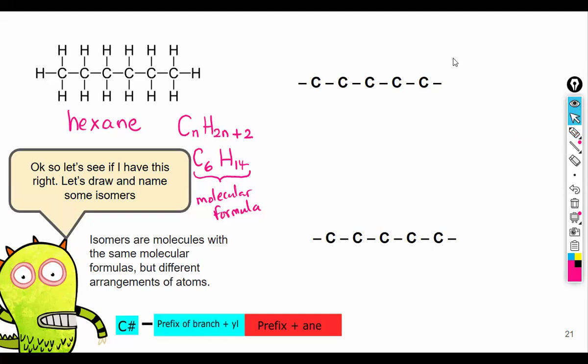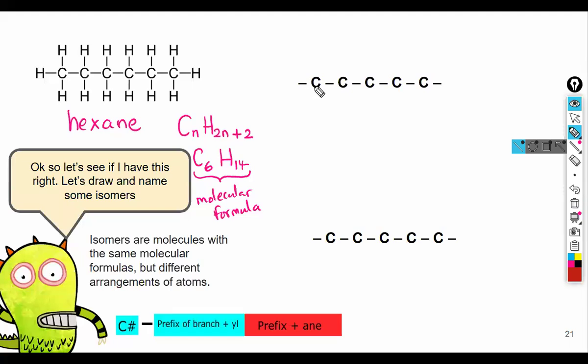Here's what we are going to do. I am going to take this same hexane and rearrange it. I'm just going to use a different color so the change will be obvious. You see how the original one is an unbranched alkane. I have 1, 2, 3, 4, 5, 6 carbons. Here's what I'm going to do.